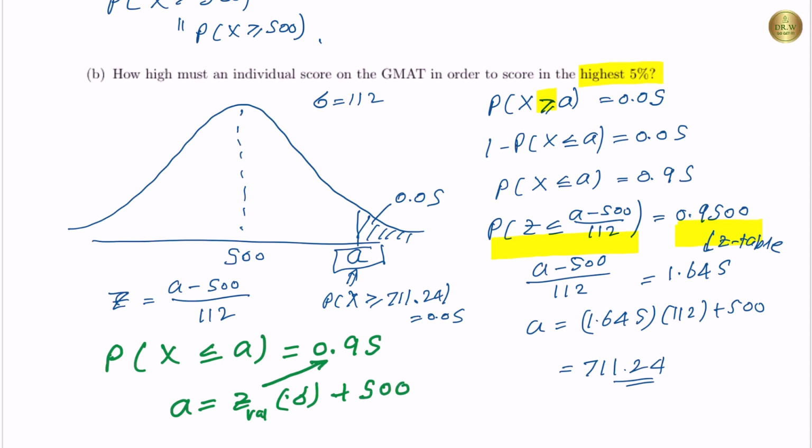You can use this one, but you have to be careful with this. It is the z value of the probability, and this must always be less than or equal.